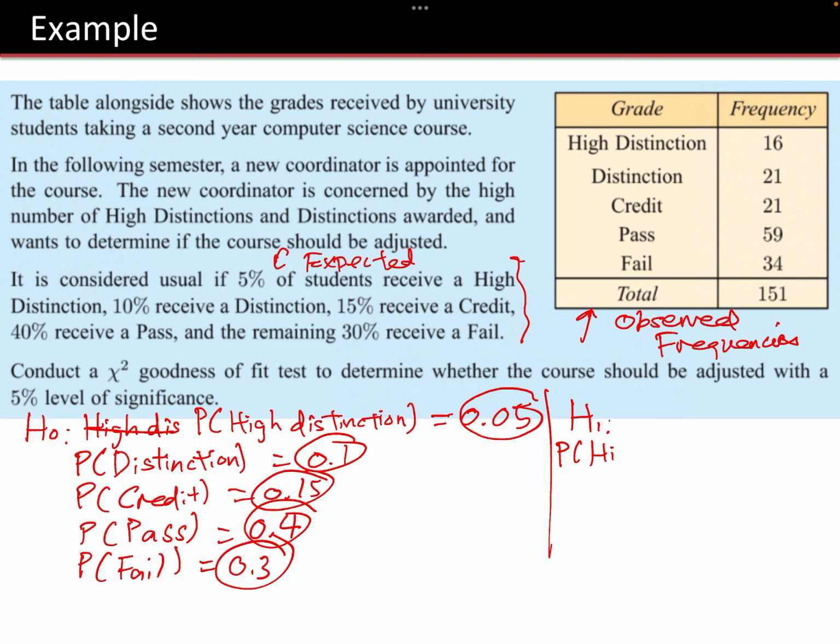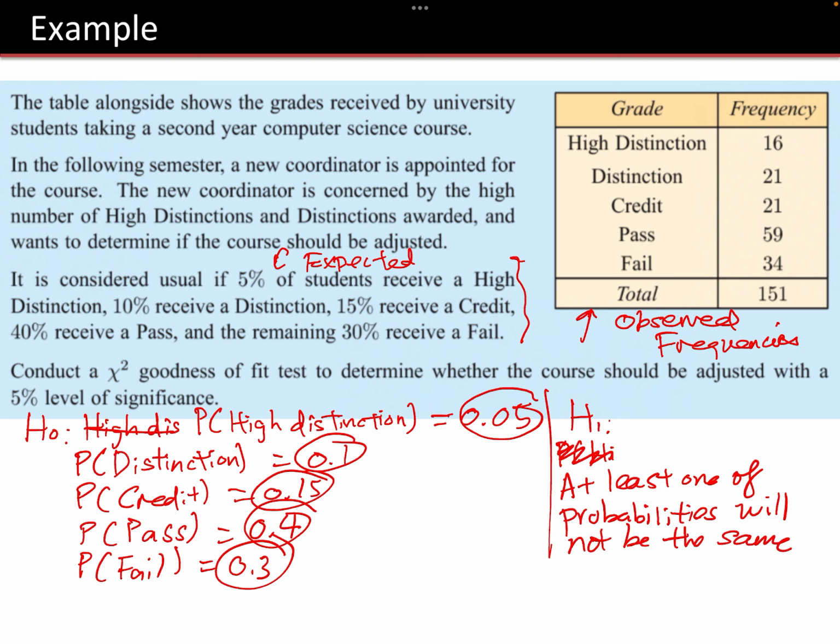So rather than just writing that the probability will not be the same, we can say that at least one of these probabilities will not be the same. In other words, I could say that high distinction is not 0.05 and so on.